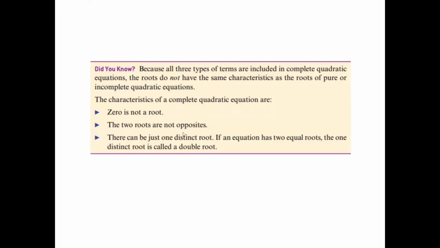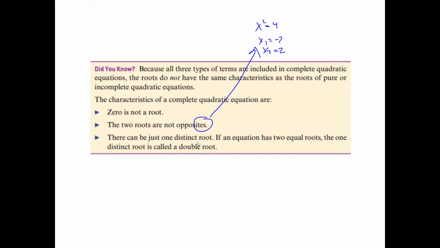The two roots are not opposite. It means like you had plus minus 2, for example, if you had x squared equals 4, so x1 is minus 2, x2 is 2. In the full complete quadratic equation, it's not happening.